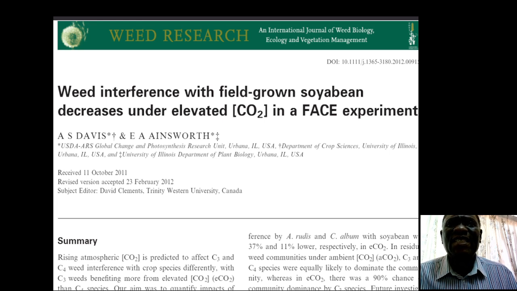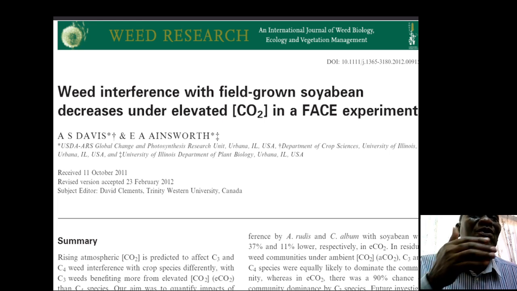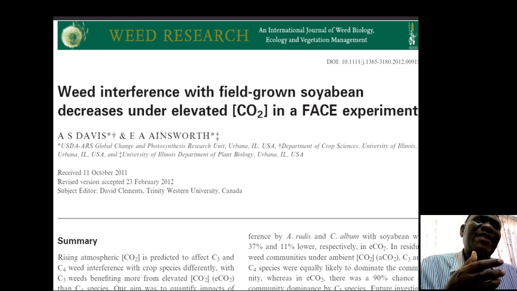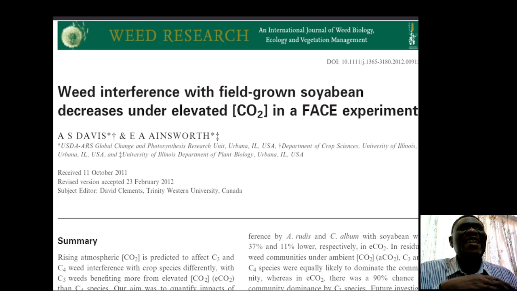So if you read this paper, it may give us an insight on the issues of carbon dioxide. But you can see that this is under experimental conditions, not under field conditions.